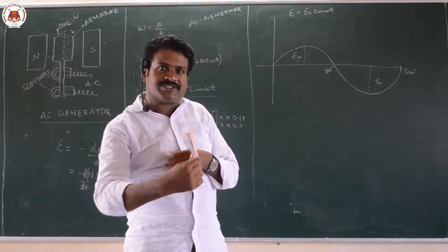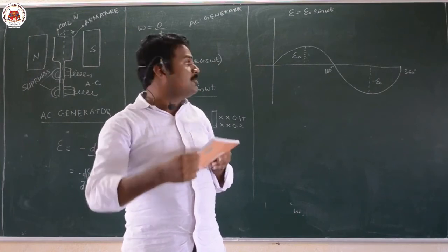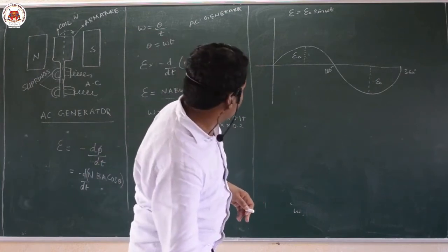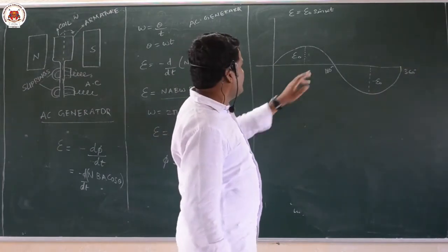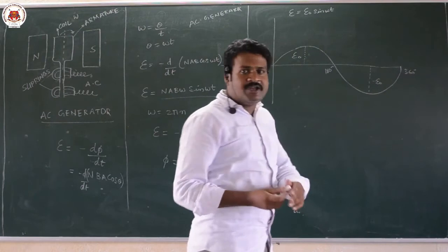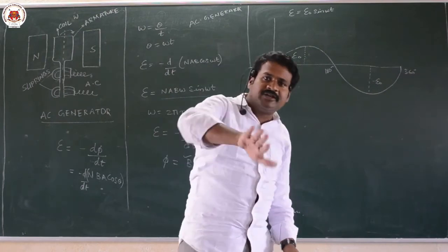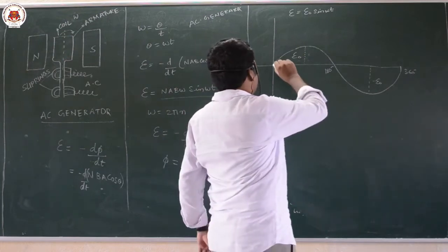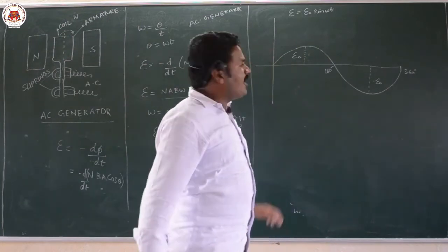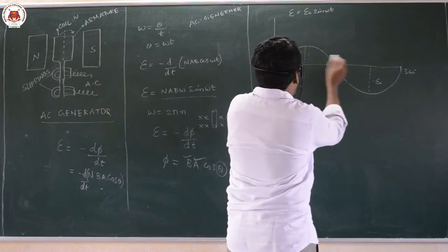At 270 you are getting minus. Again at 360, 0. So when the coil is oriented at 0 degrees, EMF is 0, and EMF again approaches 0 when the coil rotates by 180. Again at 270, minus E naught. So the maximum value we can get is E naught, and in the first half cycle all values will be positive.